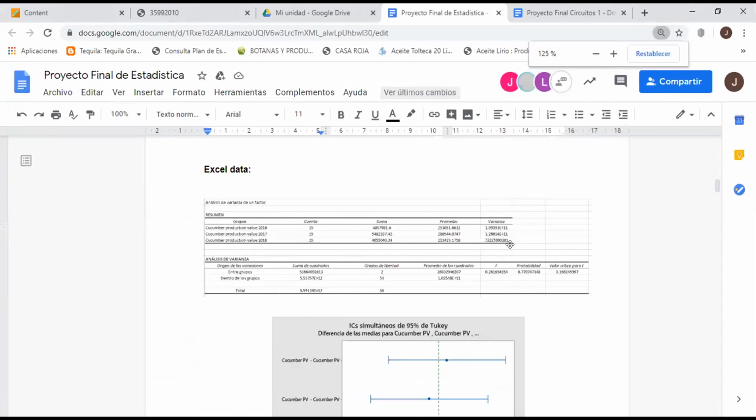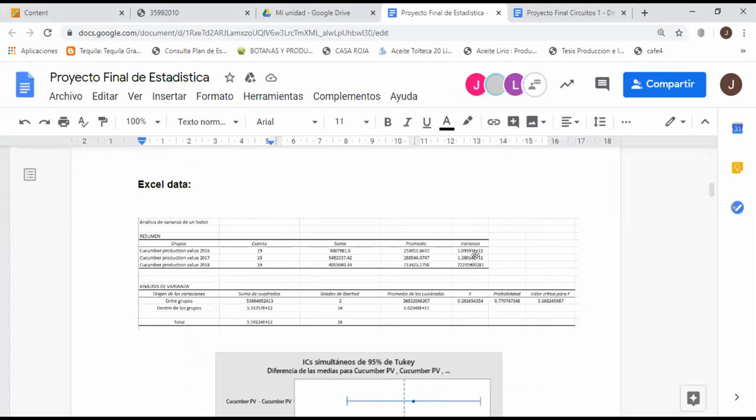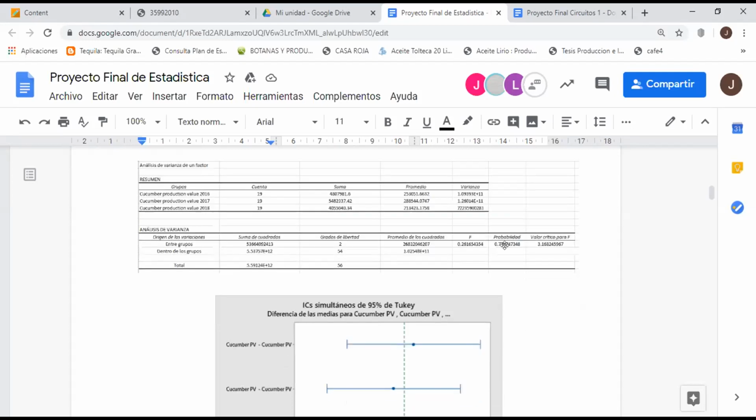So here we can see that the F critical is 3.16 and the F is 0.26. So that means that in this case, H0 is valid, and the means are similar.